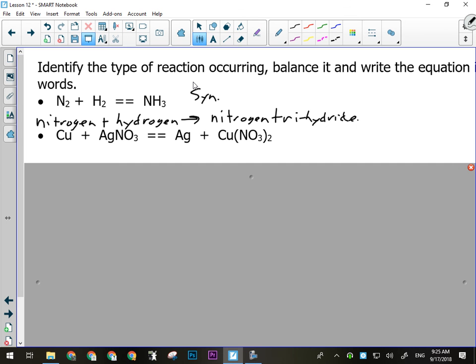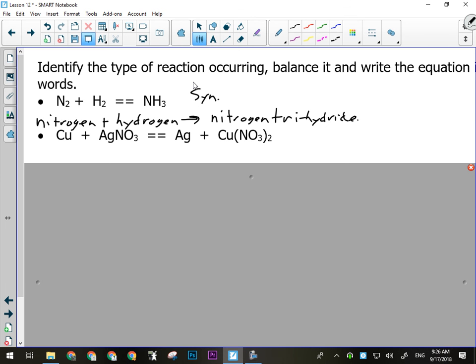All right, now I need to balance this thing. Right now, there are 3 hydrogens on this side, and there's only 2 over here. How am I going to even that out? What's the lowest common multiple of 2 and 3? 6. So I'm going to make sure that there's 6 on both sides and see if that helps me.